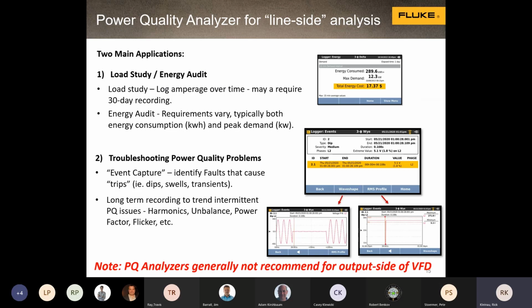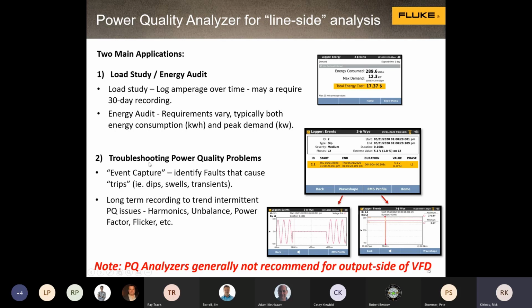Now, Fluke has, I think, 17 different model numbers of power quality analyzers. Two main applications for these guys. One is just a load study or an energy audit. I want to know what it costs to run a machine or just what my load is. These things will all monitor for a long time, and any of the power loggers can do this, or any of the ones we have.